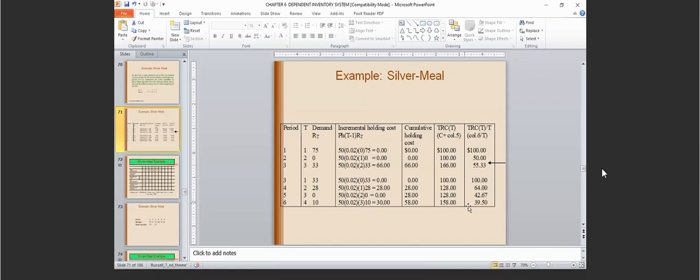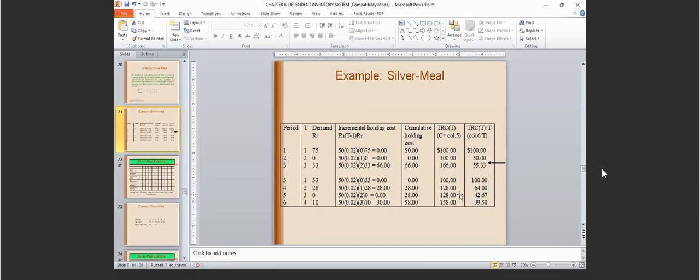Okay, so we have here 158, where the ordering cost 100 plus the cumulative holding cost, we have 158, and 158 divided by T, the value of T here is 4, so we have 39.5. So this value also shows the decreasing value of average total relevant cost.